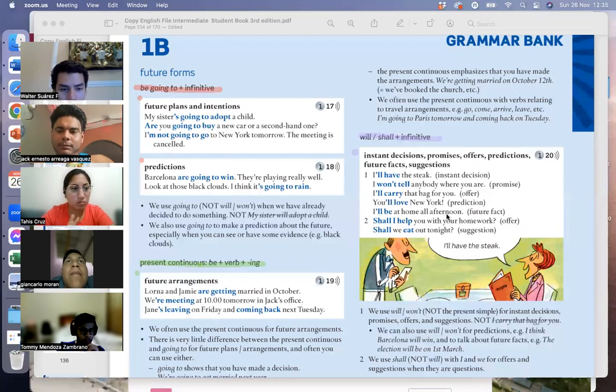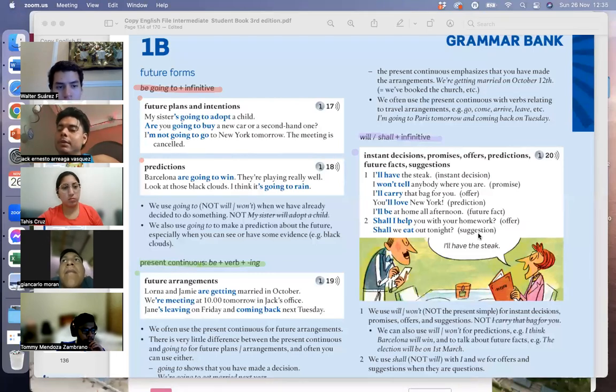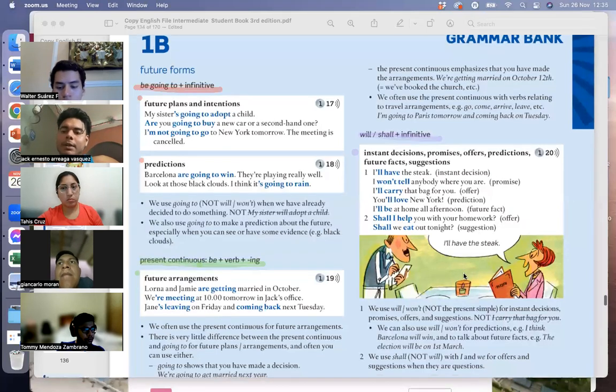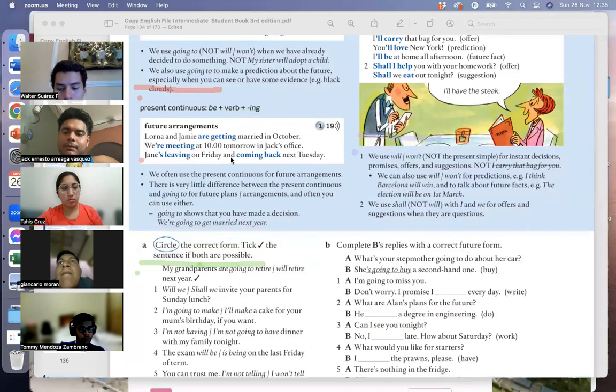That's my guess, my prediction, and I believe you will, based on the evidence we have. Future fact: I'll be at home this afternoon. Then the offers and suggestions. So these are some of the more specific ways of how and when we use will or shall plus the infinitive. Okay, now let's put this into practice.